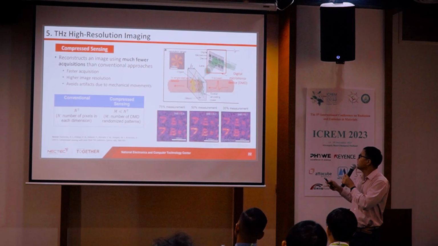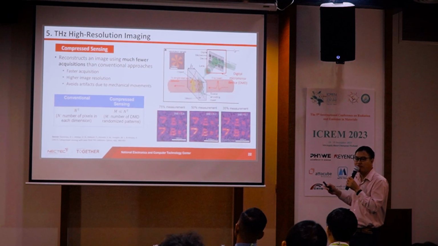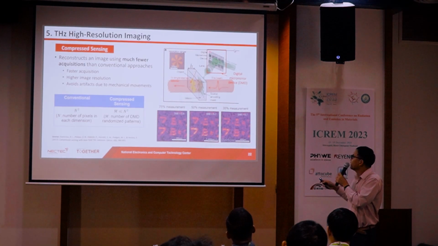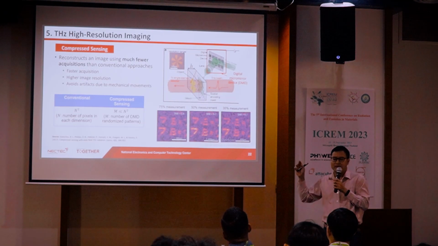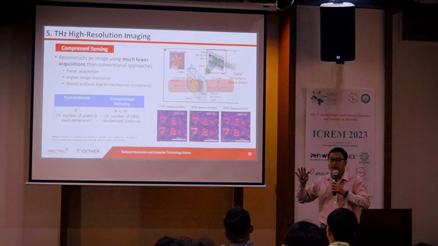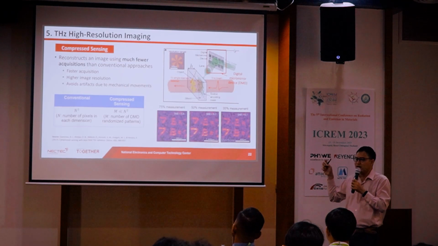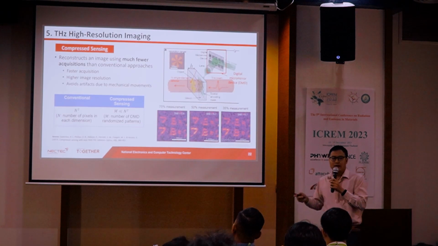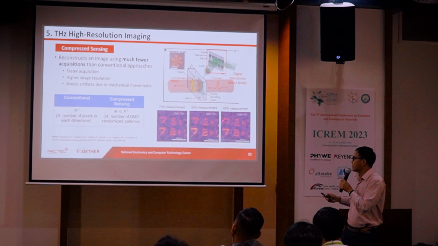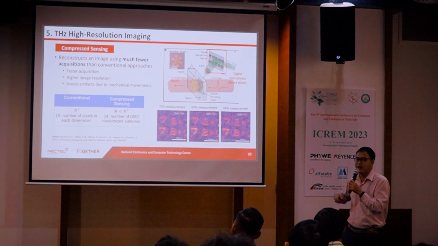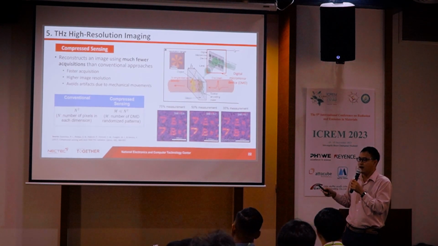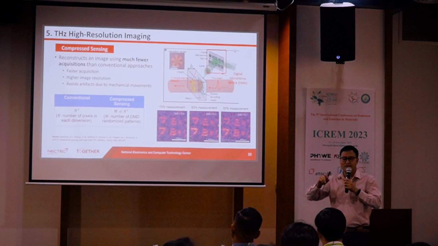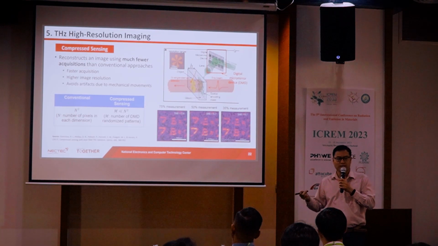For each randomization pattern of the DMD, you take one measurement, and you randomize the pattern of the DMD a small number of times, so you have a small number of measurements. Believe it or not, just a small number of measurements allows you to reconstruct an image that is very similar to the full version from the full measurement. And that is done by a clever mathematical reconstruction algorithm.